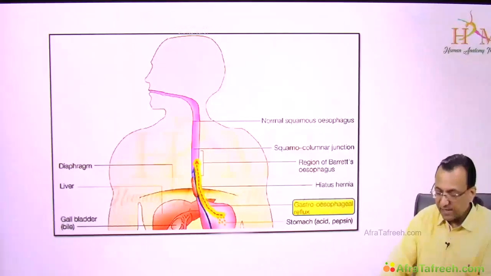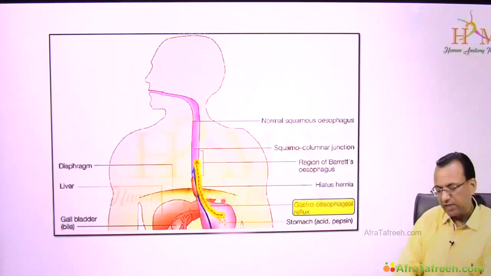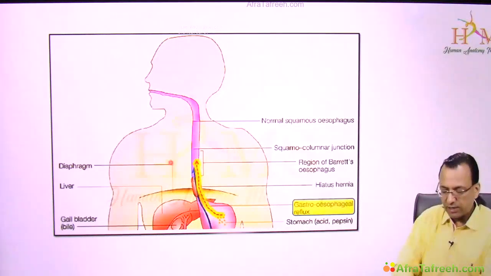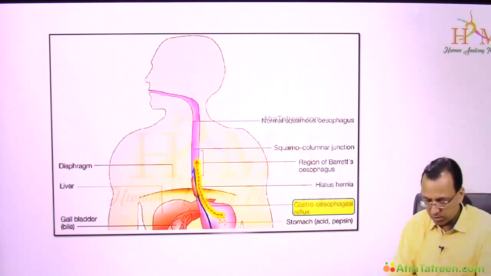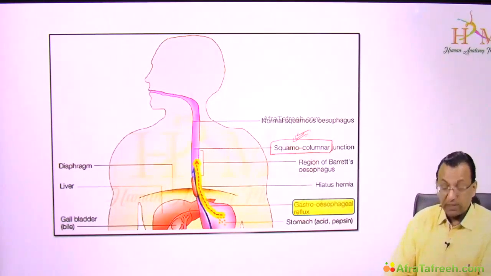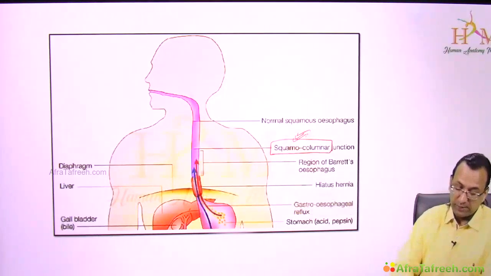What is that? Gastroesophageal reflux disease. The acid is coming from the stomach and coming to the lower esophagus and changing the epithelium. Normal epithelium is squamous, but it is being replaced by the columnar epithelium, which is dangerous because there is a metaplasia. And when there is a metaplasia, it is prone to dysplasia and cancer.